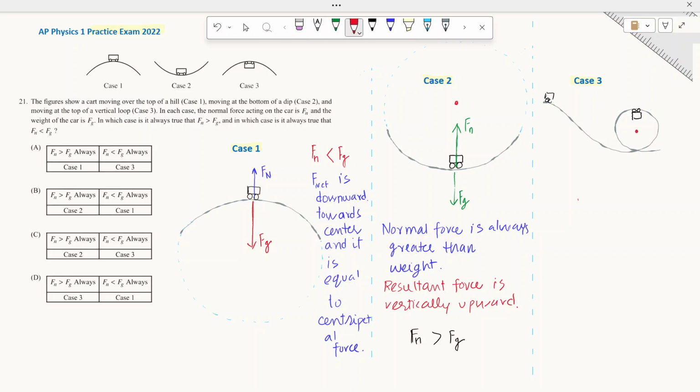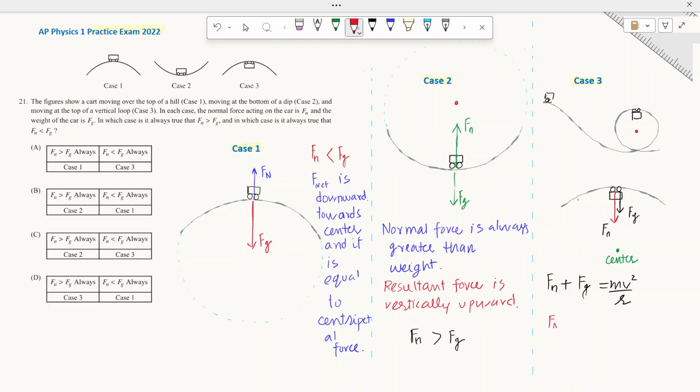And when it is at the center, it is not necessary that the normal force is always more than the force of gravity. It can be less, greater, or even equal, because both forces are in the same direction. The sum of both forces is providing the centripetal force. So that's why it is not necessary.